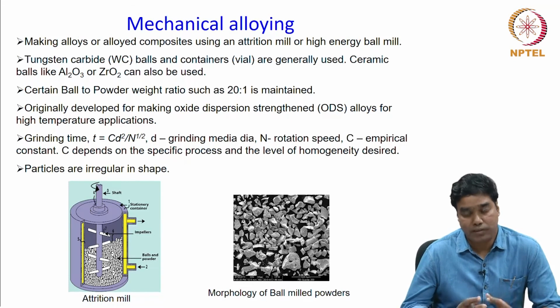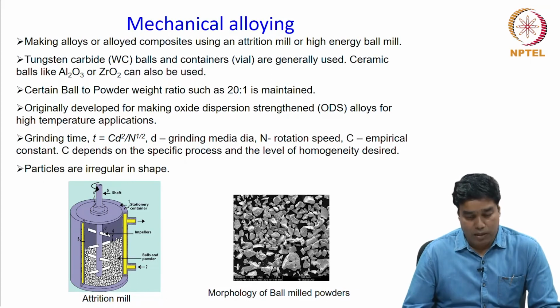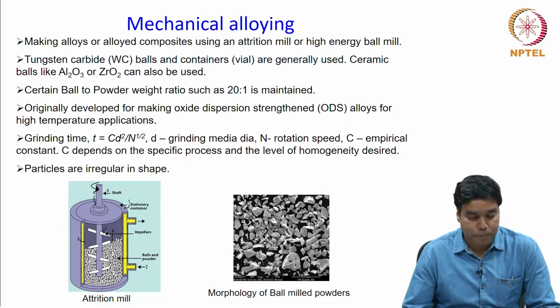Of course, in that case you will have to use a high energy ball mill, so that the energy input is high, because in that case you are actually trying to add a second material into the first material, into the main material that you have. So, your energy input should be higher in that case.